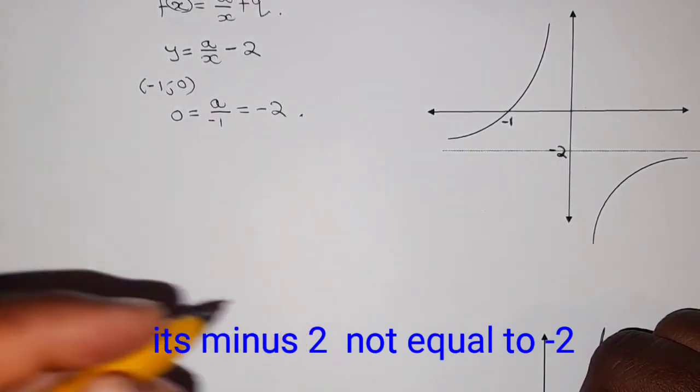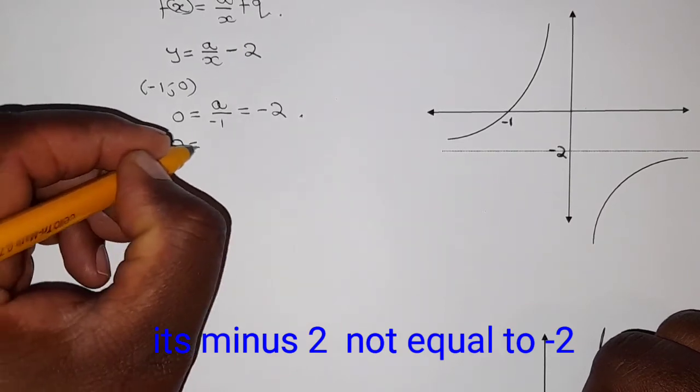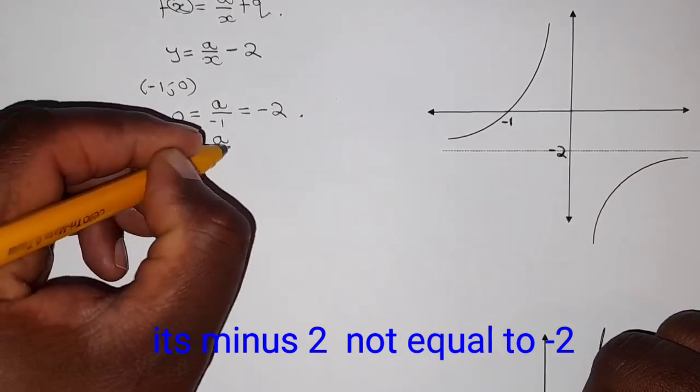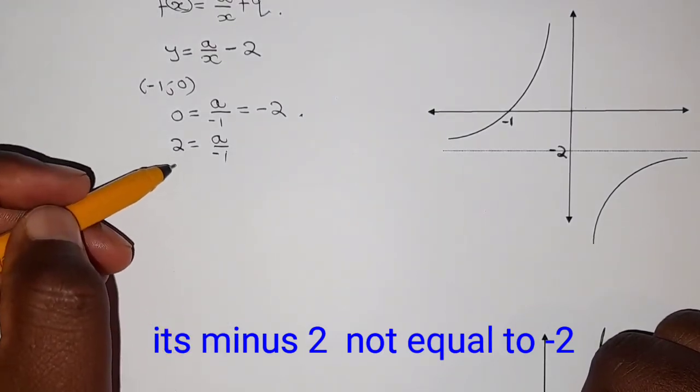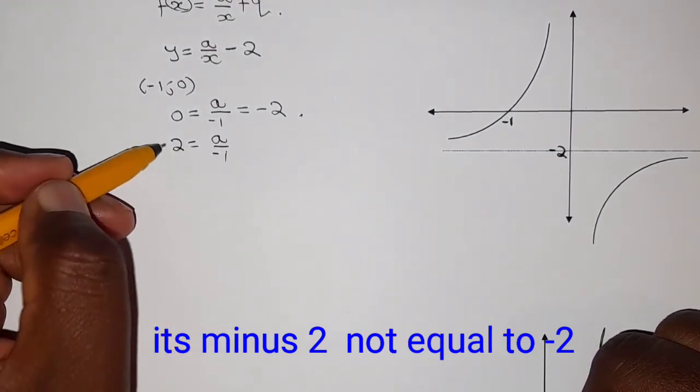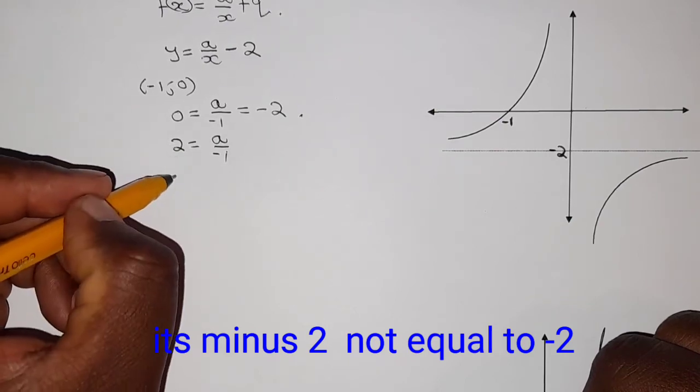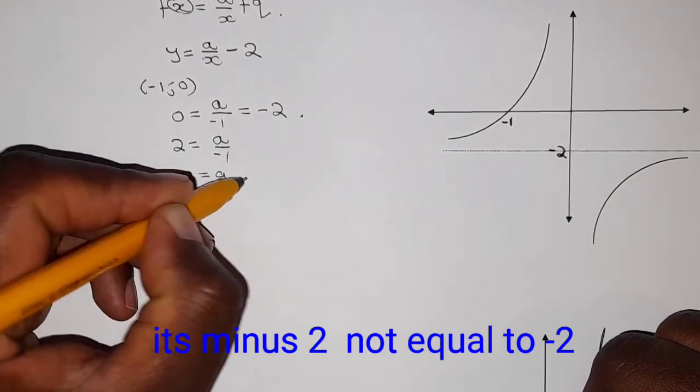Negative 2 goes to the other side. We have positive 2 is equal to a over negative 1. Multiply both sides by negative 1. It becomes negative 2 here. So negative 2 is equal to a.